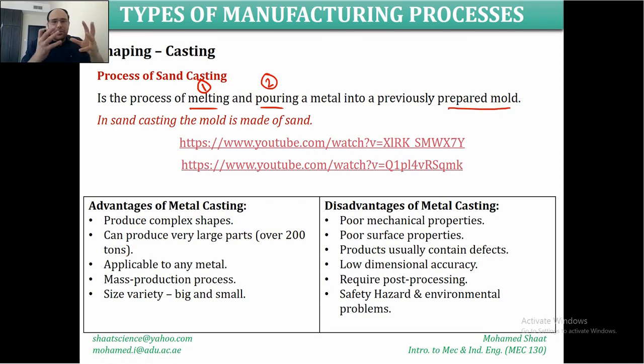It is like a cup with a cavity: you pour the liquid inside it and leave it in the fridge till it is converted into ice. The same thing here: in the casting process, we melt the raw material and pour it into a cavity to end up with a product. A typical example of this is sand casting. To explain how it is done and give you more detail, I'm going to leave you with this video.